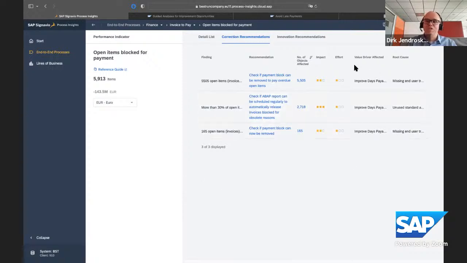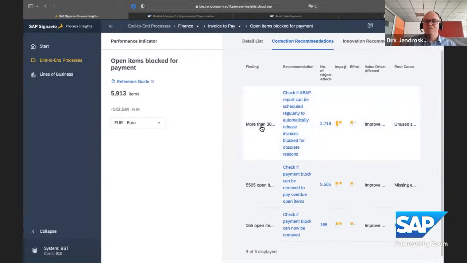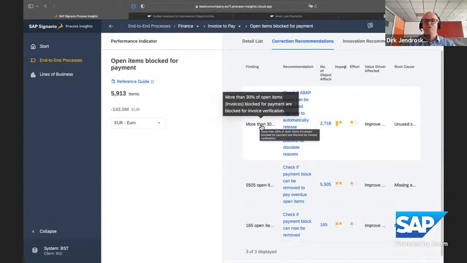And well, I would be interested in those having the biggest impact. So let's sort for impact. And what's coming out on top of this is actually this one, which tells us the finding. So more than 30% of our open items, invoices blocked for payment, are blocked for invoice verification.